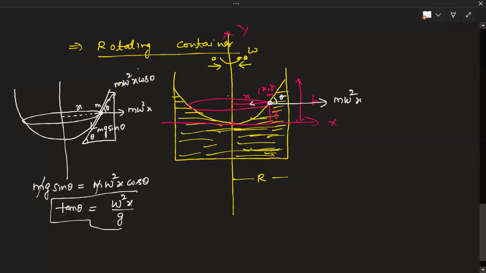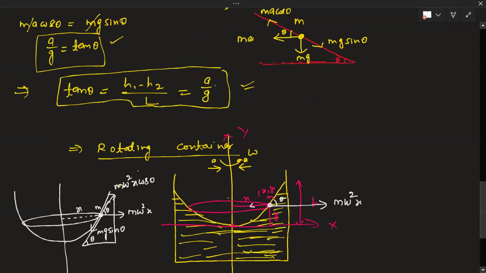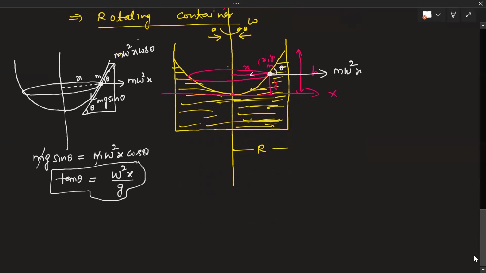Now, as I already discussed the formula of tan theta. What was the formula of tan theta? It was a by g. Can you see this, Neil? Yes, sir. Tan theta equals a by g, right? Yes. And in circular motion, if a body is rotating with angular speed omega and the radius is x, then centripetal acceleration is omega square x.